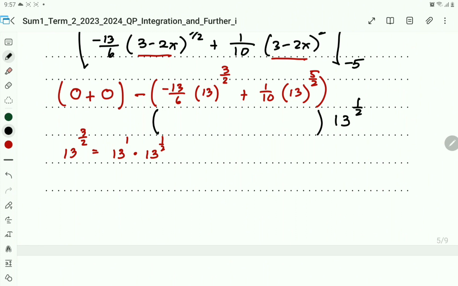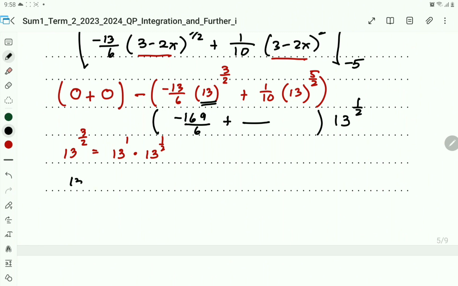So factoring 13 to the 1/2, this becomes negative 169 over 6, because this is 13 times 13 to the 1/2 outside, and 13 times negative 13 is negative 169. Plus, this is equal now to 13 squared.